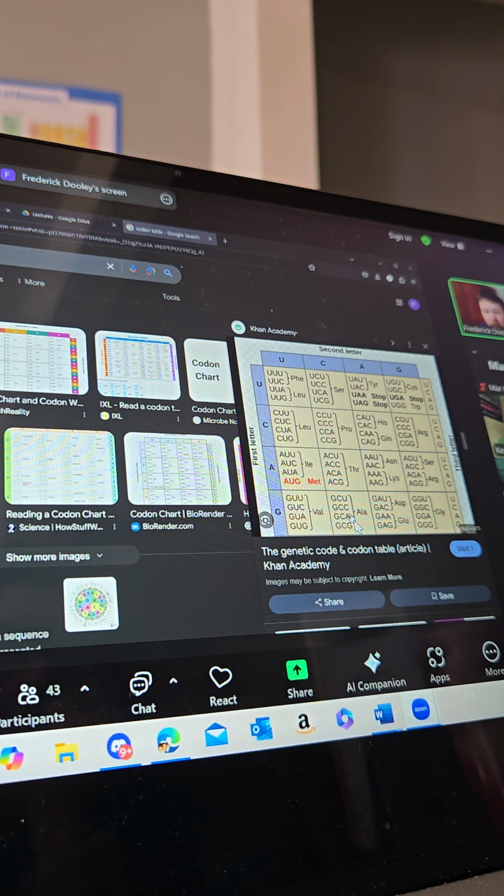UGU to UGA is different. UGG is different. So that's where I would say the redundancy is lazy, because if you wanted redundancy, what you are saying would be correct, right? There would be more redundancy. There's not. There's redundancy in some of them, like alanine, for instance, tons of redundancy. But the other ones, not so much.